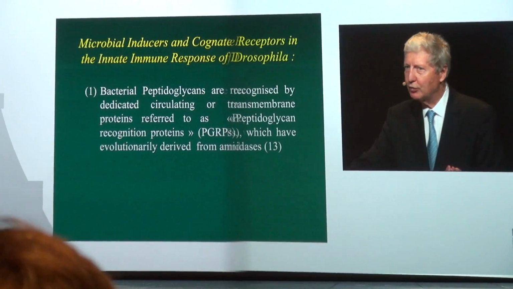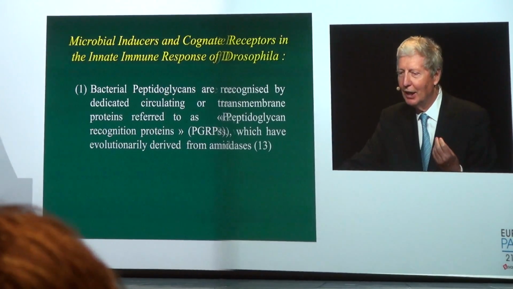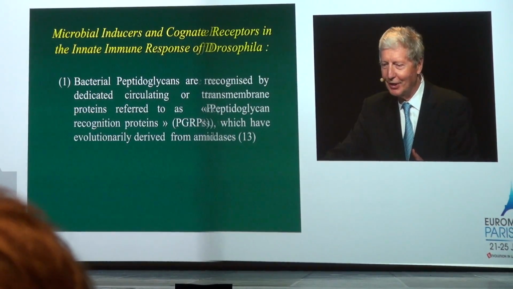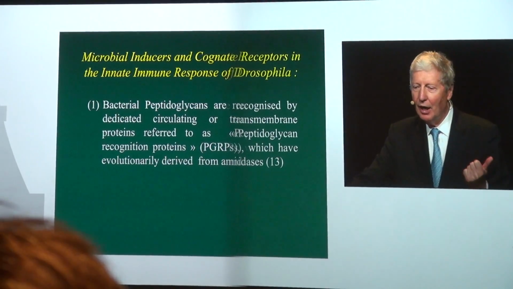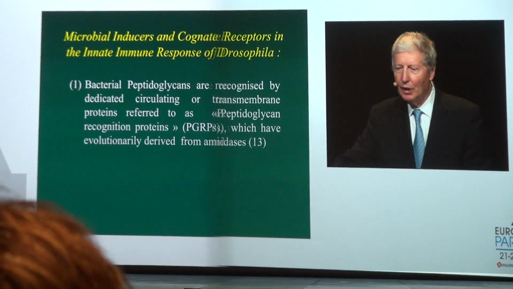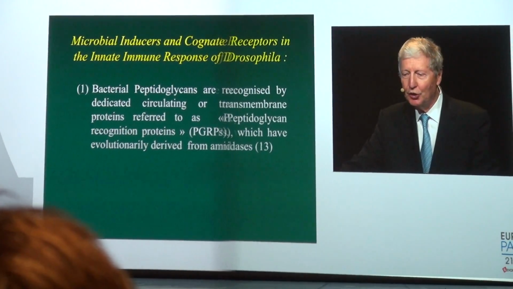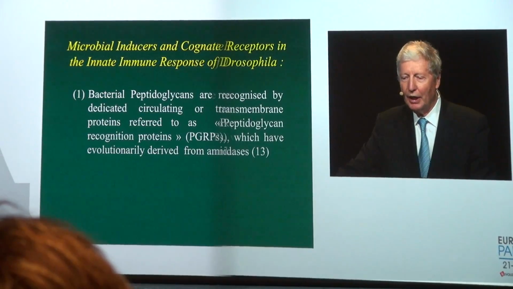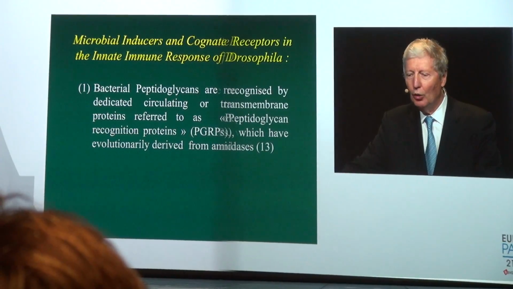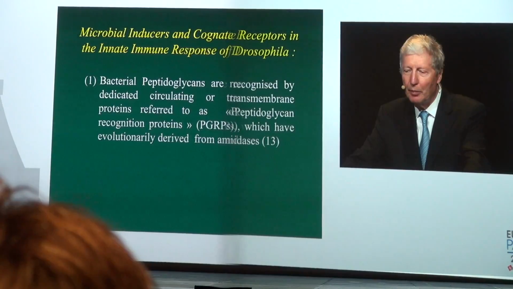And it is important for us, in a phylogenetic perspective, to keep in mind what I've been saying in these 2 points. Number one, bacterial peptidoglycans, which are present in all bacteria, are recognized by dedicated circulating or transmembrane proteins, referred to as peptidoglycan recognition proteins, which have evolutionarily derived from amidases.